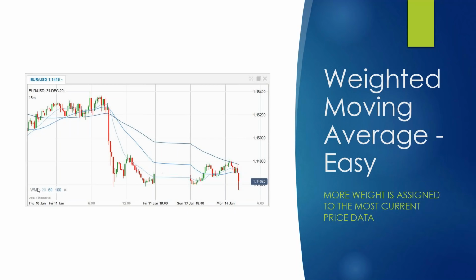The difference with this one is it's going to give more significance to this closing price versus this closing price versus this closing price. And that's your biggest difference. You will not see a big difference between the moving averages, but there are slight differences between them.